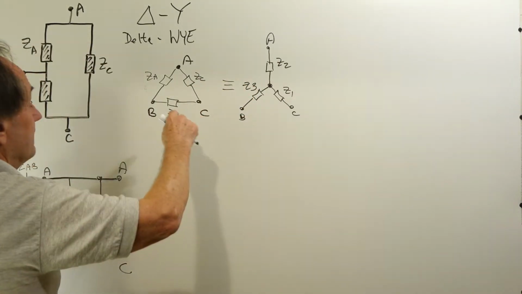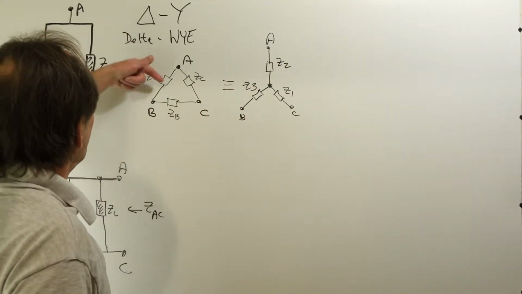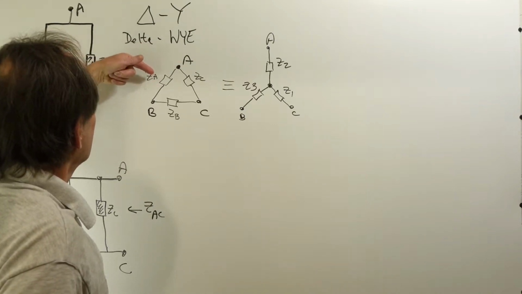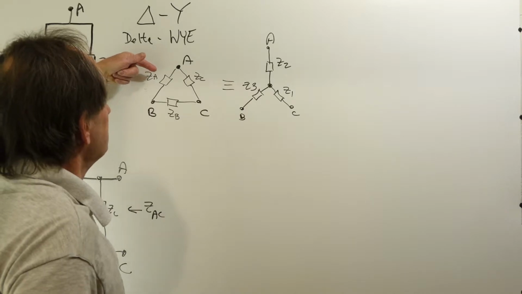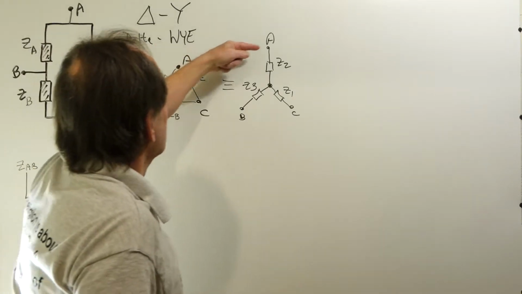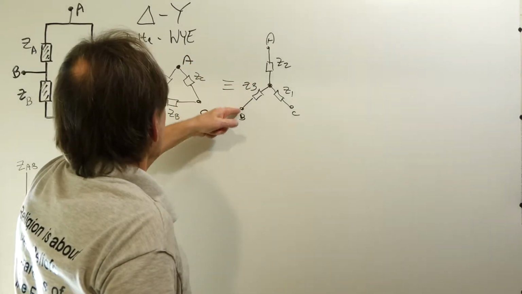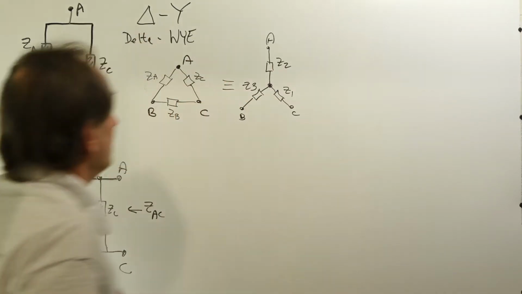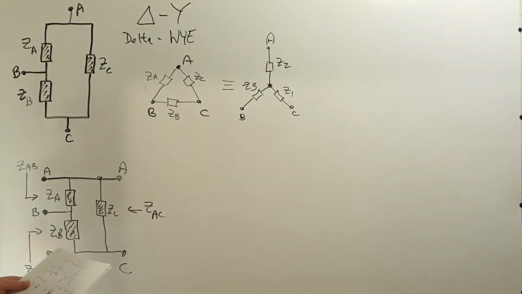That is, if I look into nodes A and B, I will see exactly the same impedance looking into that pair of nodes, with appropriate choice of the element values.